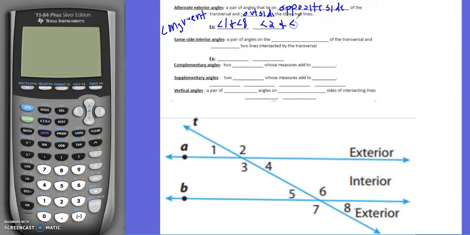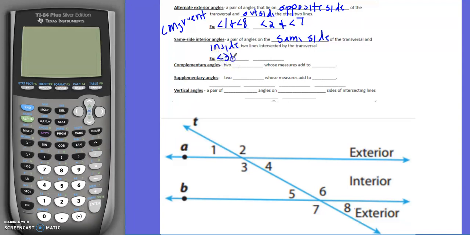Okay, same side interior. It's a pair of angles that are on the same side of the transversal and inside the two lines. So an example would be angle 3 and 5.